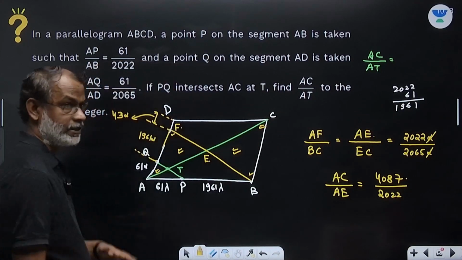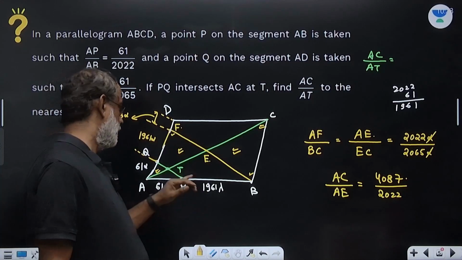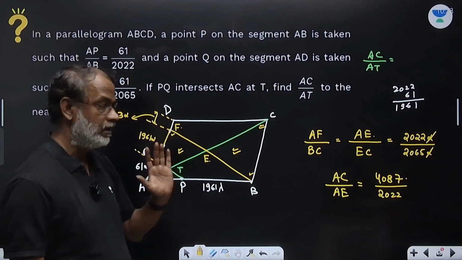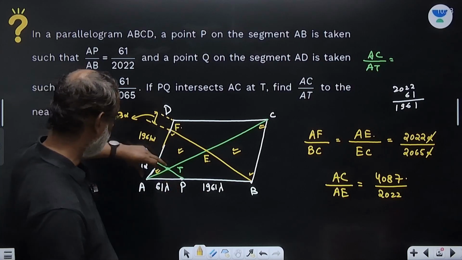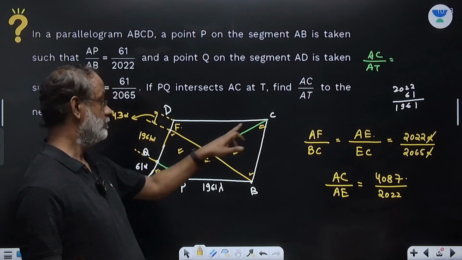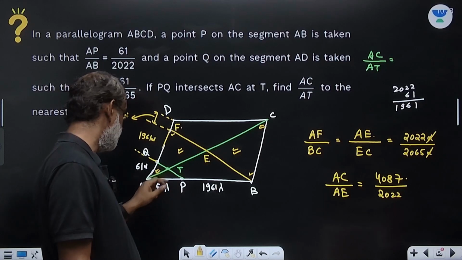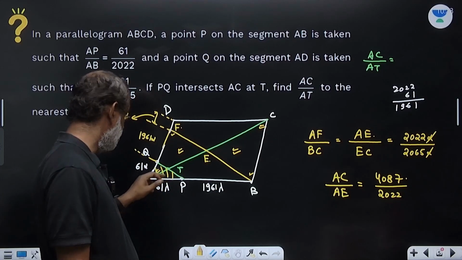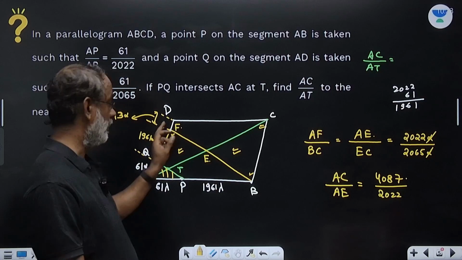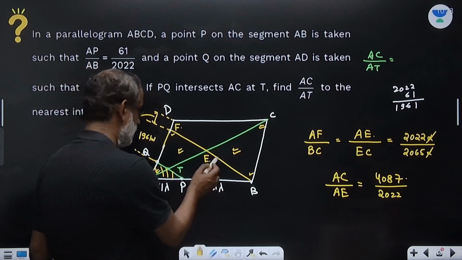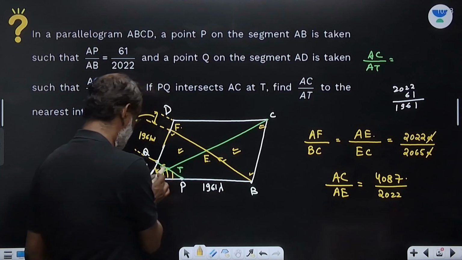Fine. I think we can say EC upon AE and then add to both the sides. See, I think the rationale behind this is that again we will deal with two similar triangles and then we will conclude. So, we have found AC is to AE. Now, we can find from these two similar triangles, this one and this bigger one ABF, two another similar triangles, because we have drawn this parallel to PQ itself.